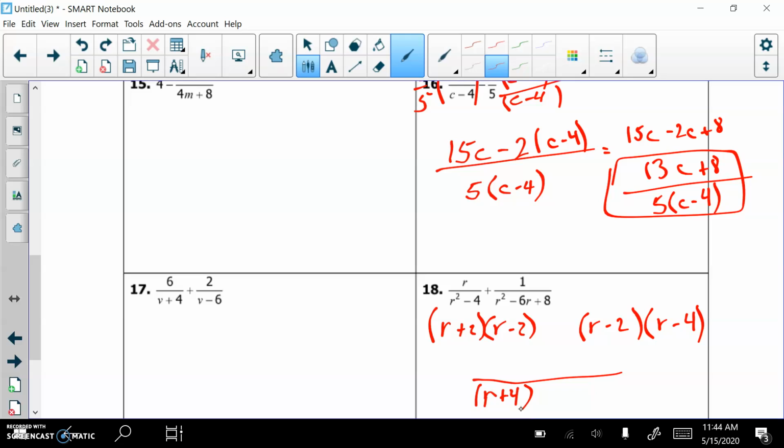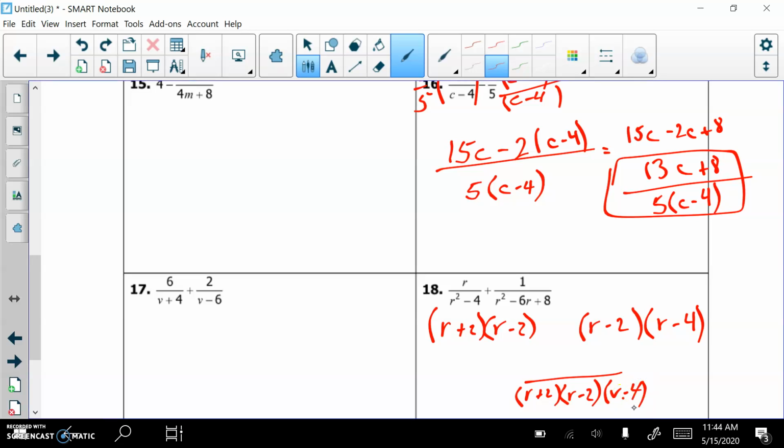Sorry, r minus 4. Don't work well under pressure. All right, r plus 2, r minus 2, r minus 4.